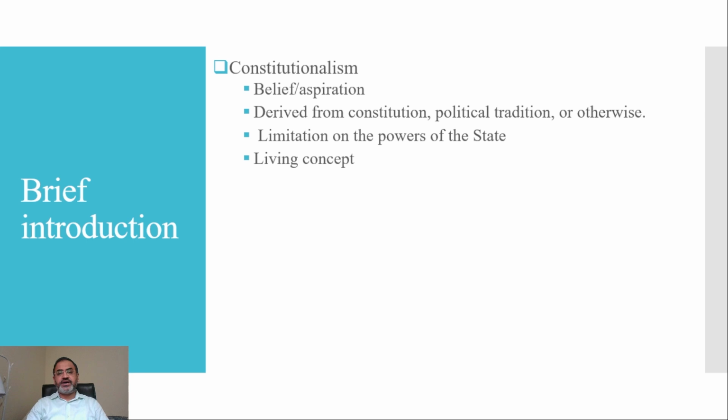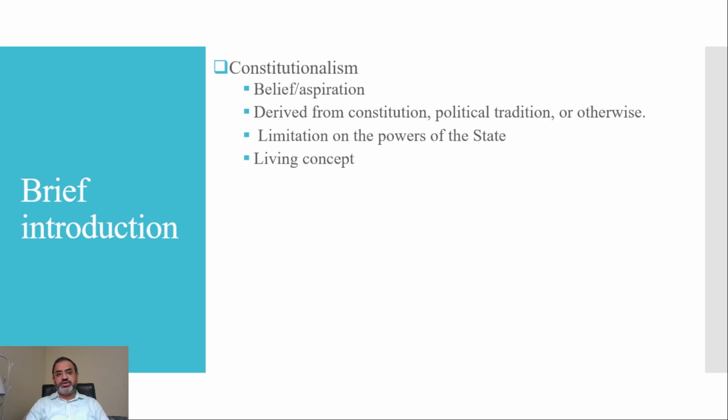So separation of power is actually central to the idea of constitutionalism, whereby one organ of the state, apart from performing its functions, also ensures that the other organs of the state remain within the constitutional bounds of their power, and this function of keeping the other organs in check is also the function attributed to a particular organ of the state.